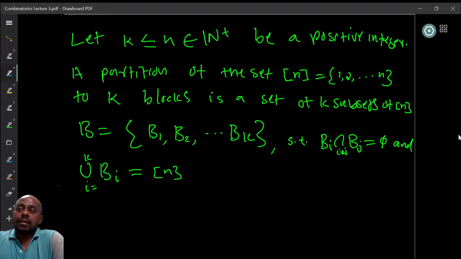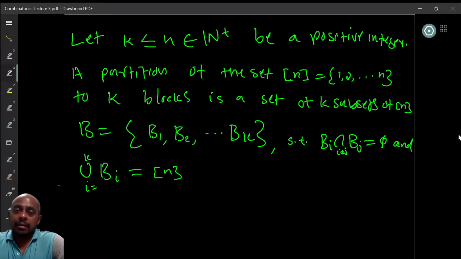Now let us look at a more general statement of what we were looking at. So let k less than or equal to n be a positive integer. So n is a natural number again, and k is also a natural number. Now a partition of this set, let's say the set 1 to n, into k blocks is a set of k subsets of the set 1 to n.